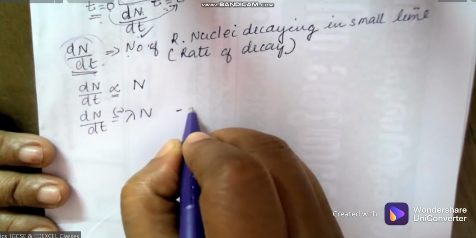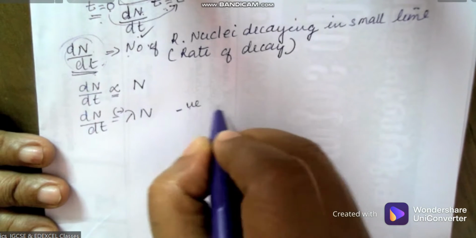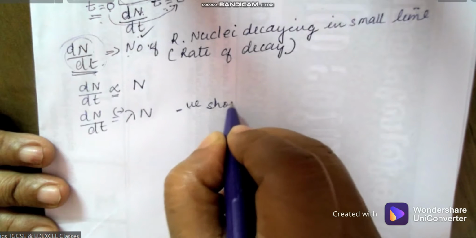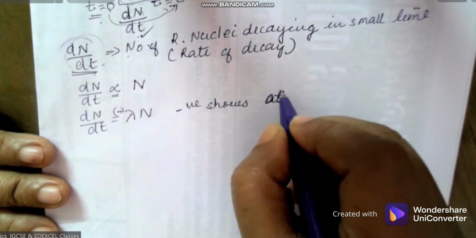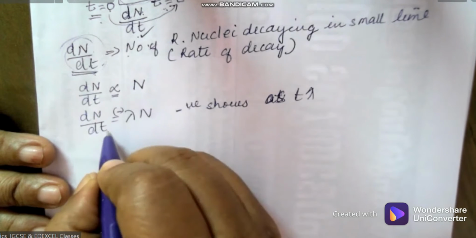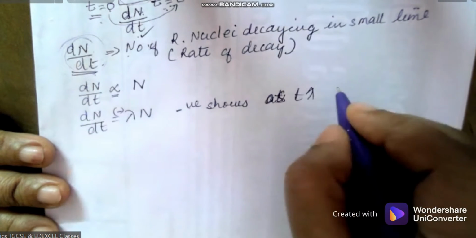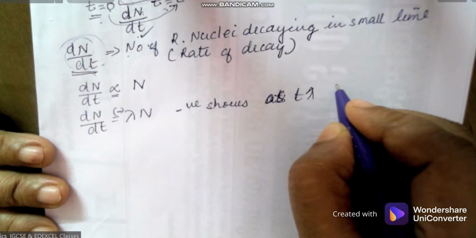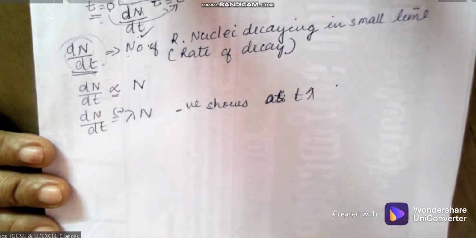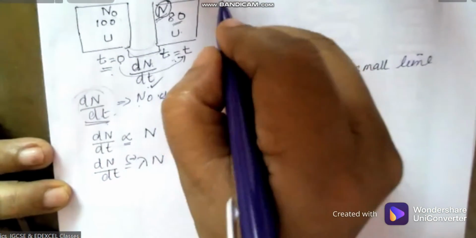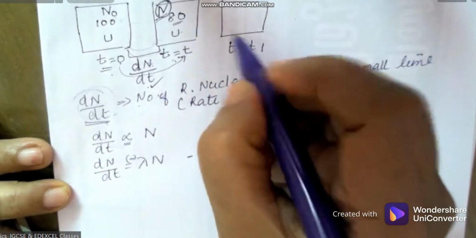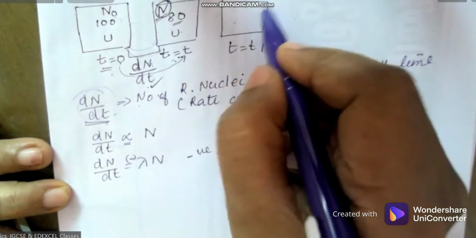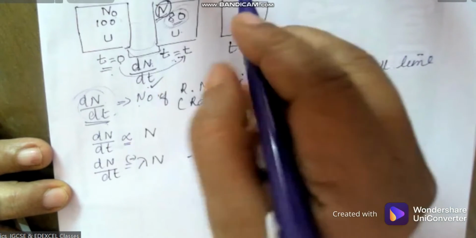What does the negative sign show? As time increases, what happens to N? After some time, for example after t is equal to t1, N will be less than before, maybe 60.